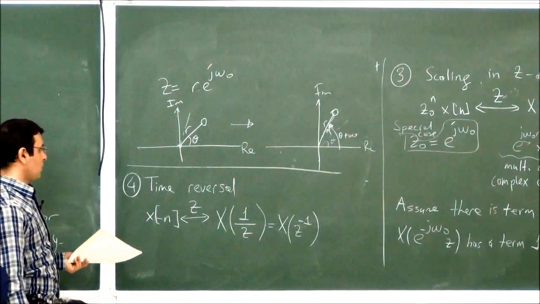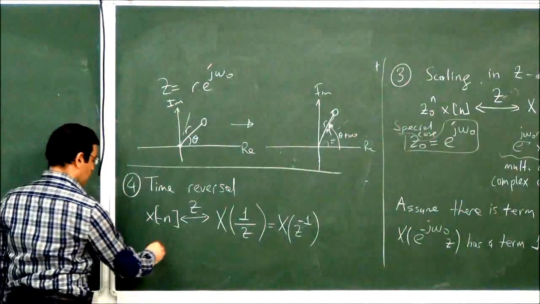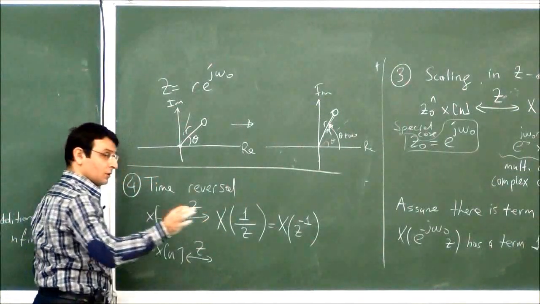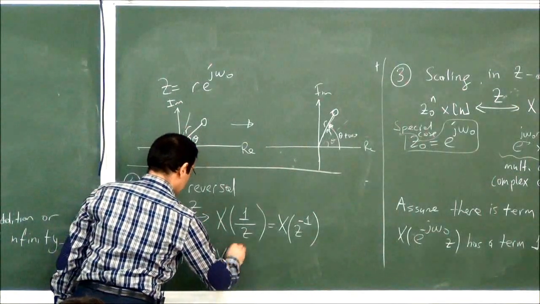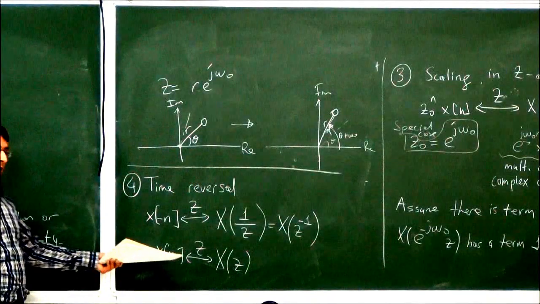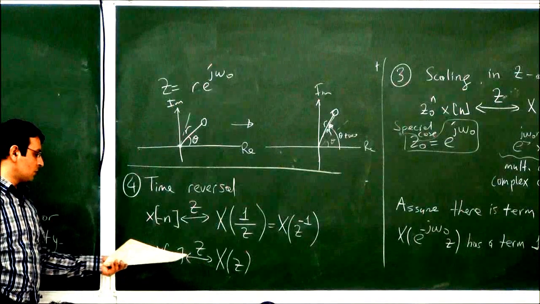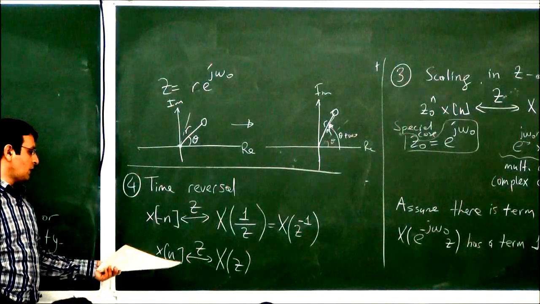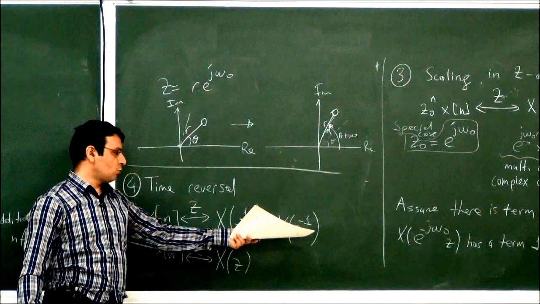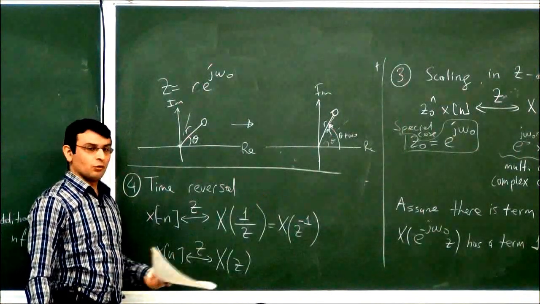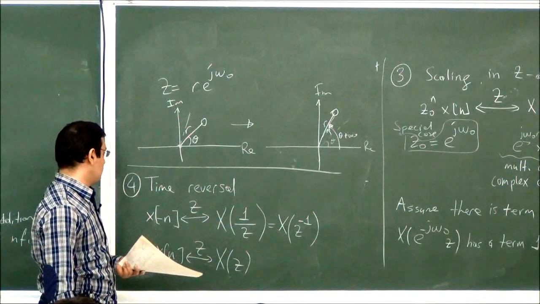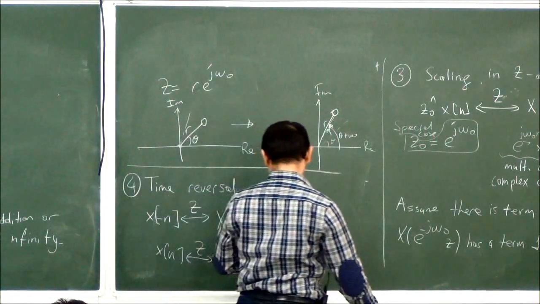So if you know the z transform of x[n] is X of z, and if you reverse this time sequence, then the z transform is, in this case, put z^-1 instead of z, and you find the z transform of this time-reversed sequence.